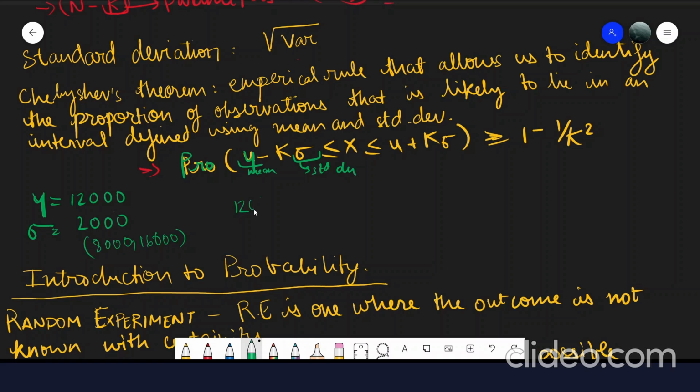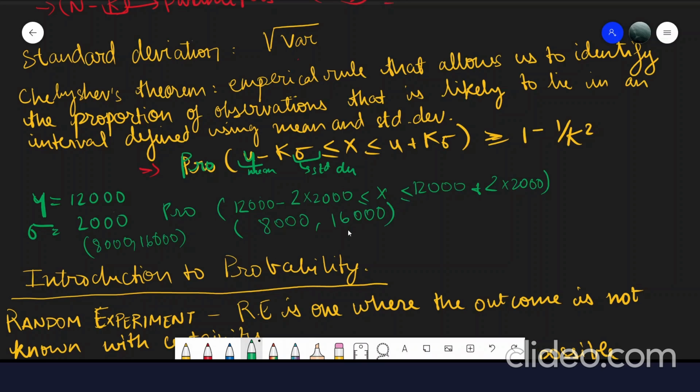12,000 minus k into sigma. The lower bound is 8,000, so what I multiply with the standard deviation to make it 8,000 is 2. So 12,000 minus 2 into 2,000, less than x, less than or equal to 12,000 plus 2 into 2,000. This gives us the upper range and this gives us the lower range. So this is basically 8,000 and 16,000.